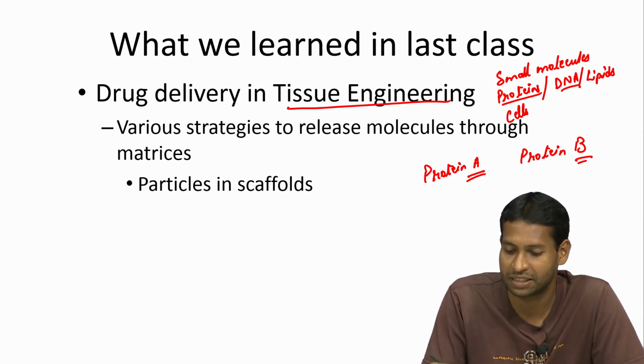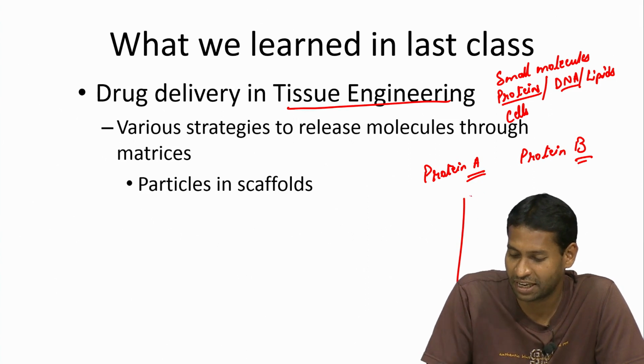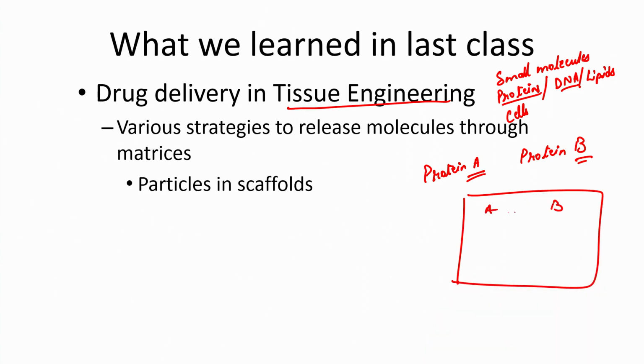Otherwise, if I just put both A and B in my scaffold, then as the matrix degrades, slowly each of these molecules will start to come out. But what if I want A to come out faster and first, followed by B?